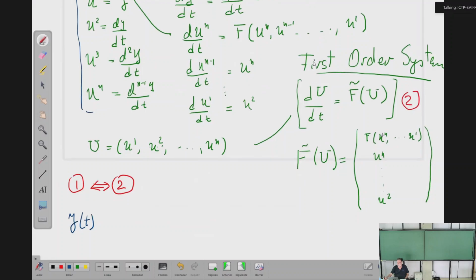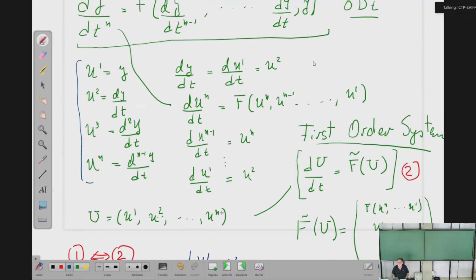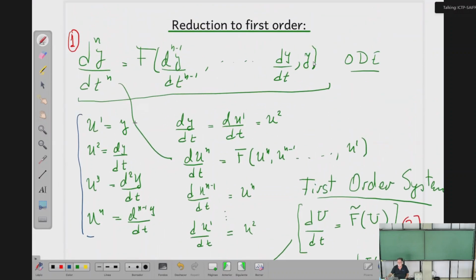And if you have a solution of this, then you take the first component, u1, and start taking derivatives of all these components. These are the u2, etc., until you get up to the last one, right? You take all the derivatives of that, use the equation in every step, and you will get to this equation, right, for the last.